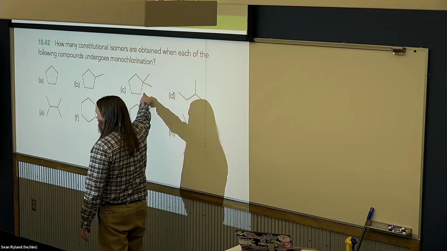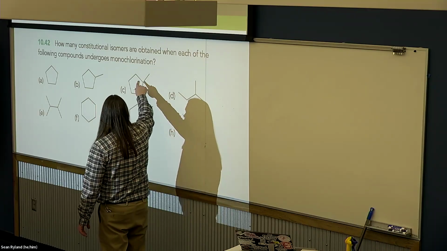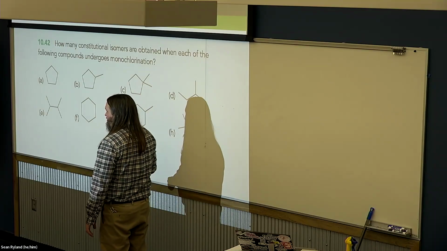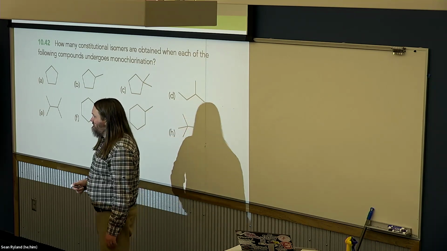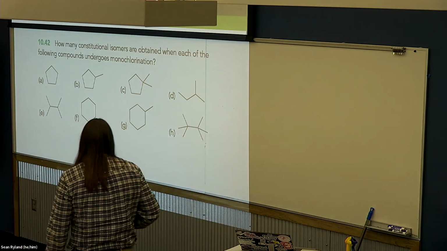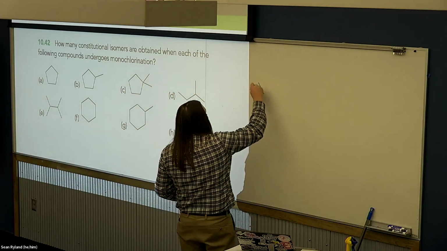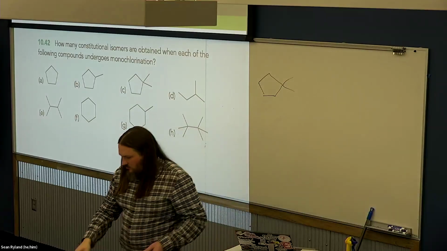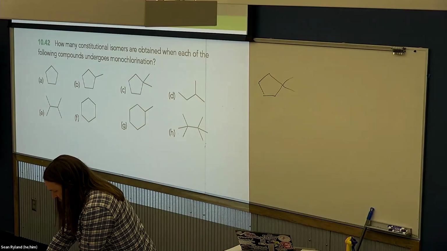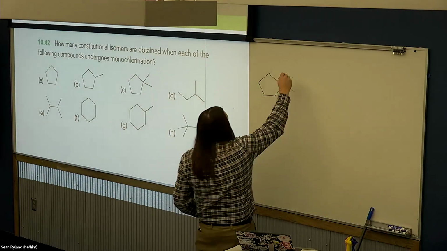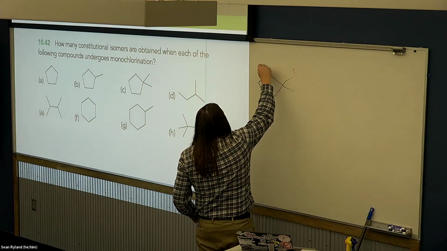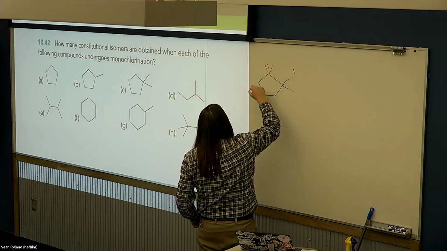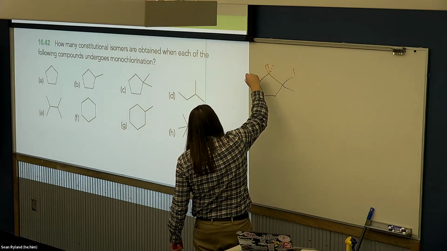C is simpler though. Because you only get 1 stereocenter for each of these, because you have 2 identical methyls here. So there are no stereoisomers for that. So you can put 1, 2, 3.